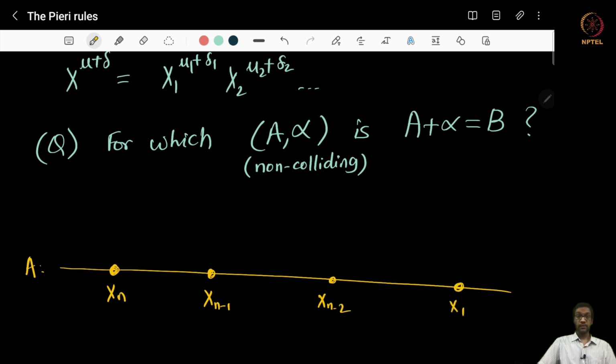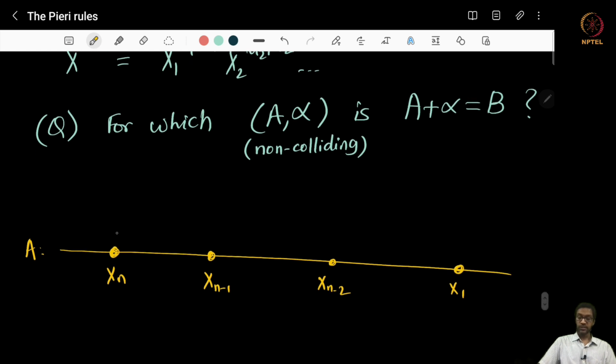Okay, and there should not have been any collisions, right? So which means when I move this by some alpha n, where it was initially plus however much extra movement I gave it, it should not go past the position of the next bead, which is xn minus 1.